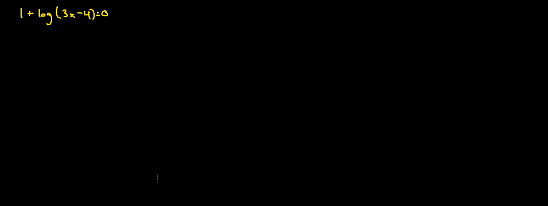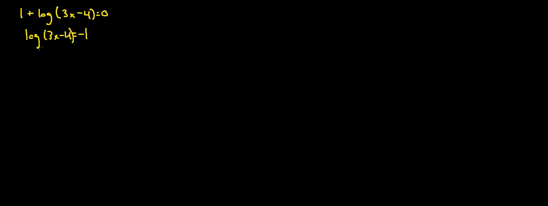1 plus log of 3x minus 4 is equal to 0. First thing I need to do is get the constants over onto the other side. Now that I've done that, I should change this back from logarithmic form into exponential form.